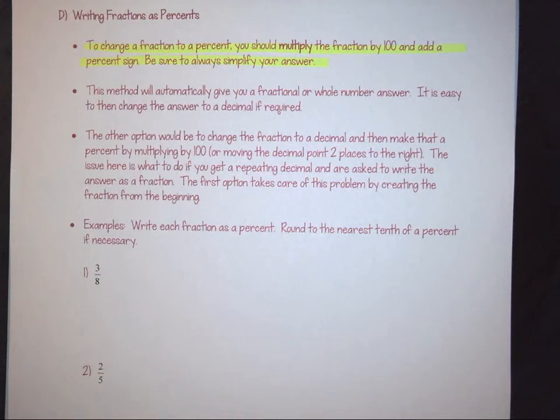My personal opinion is to go ahead and change your fractions down to a decimal, and then just simply move your decimal point those two places. Usually it does end up being the easiest result to do, and you don't have to mess with reducing or playing around with some crazy fractions.